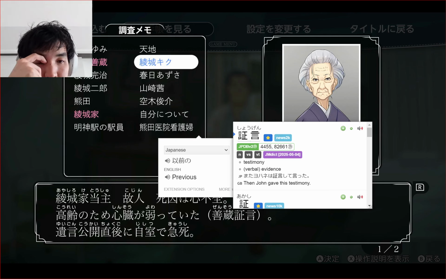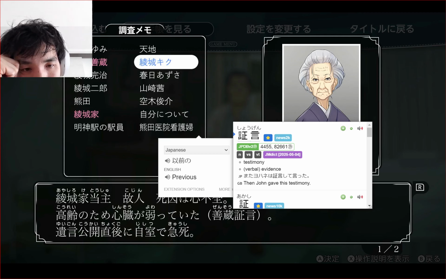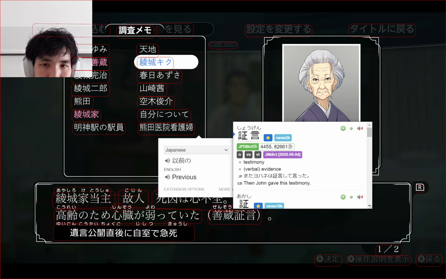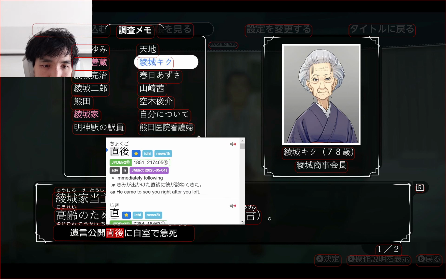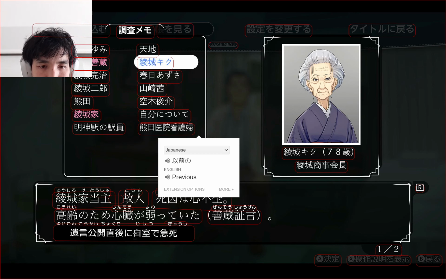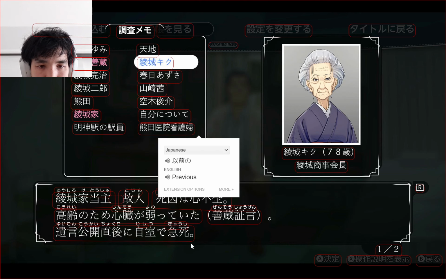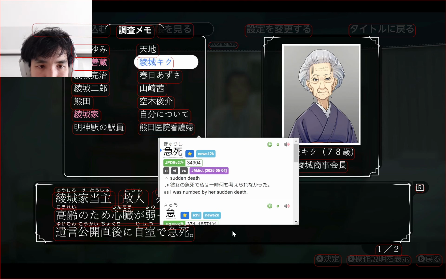Yuigon Kokai. Oh, yuigon is the will. Yuigon Kokai. Shokugo ni. Shokugo, immediately. Shokugo ni jishitsu de kyushi.